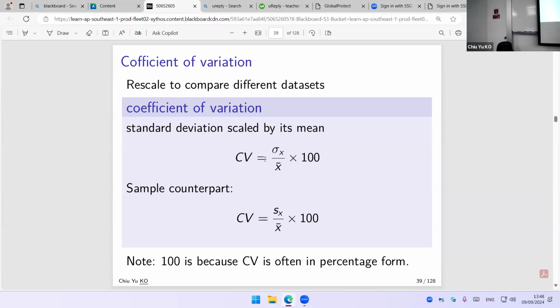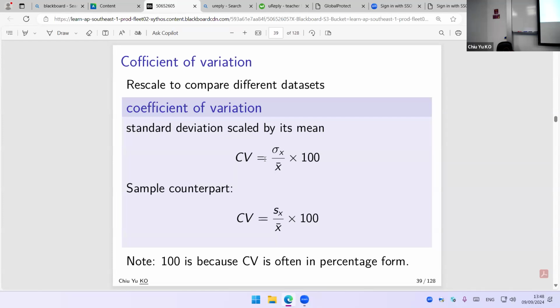The problem of comparing standard deviations is that the midterm score is usually from 0 to 50, and the score for the final is 0 to 100, and by definition the mean is higher in general for the exam. So you can normalize by dividing by the mean, and then you can compare different data sets easily.